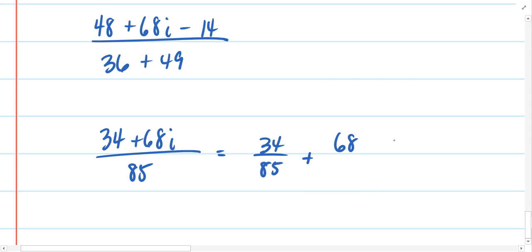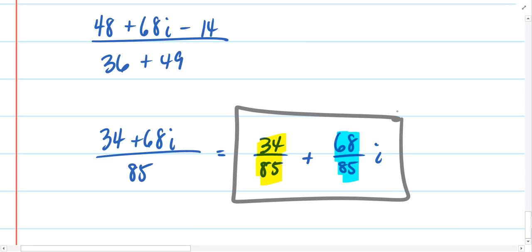Although I think more frequently we would see it written this way, 68 over 85i. Now we have a real number component and imaginary number component, and altogether our final answer is a complex number.